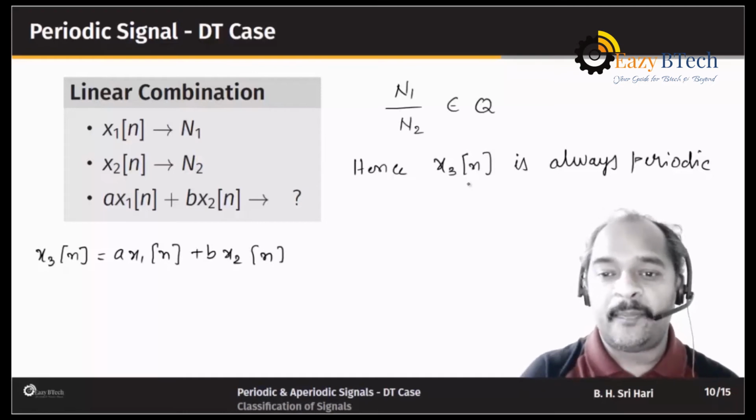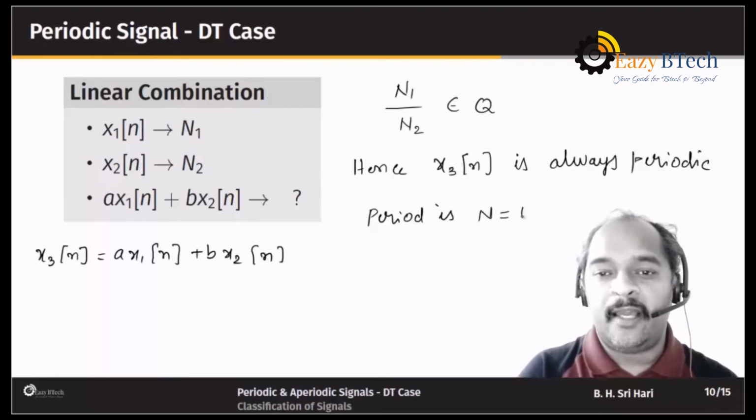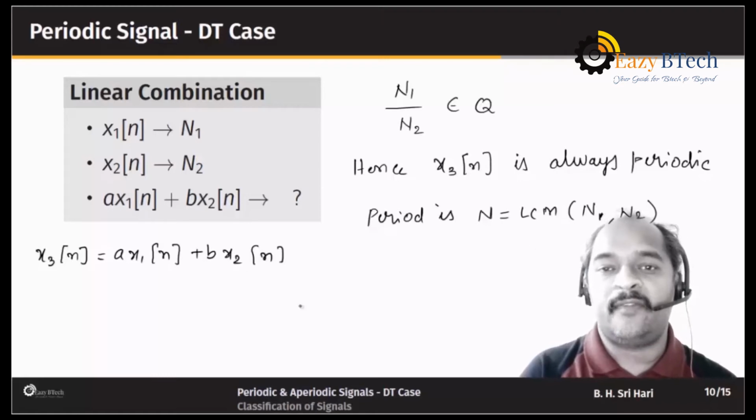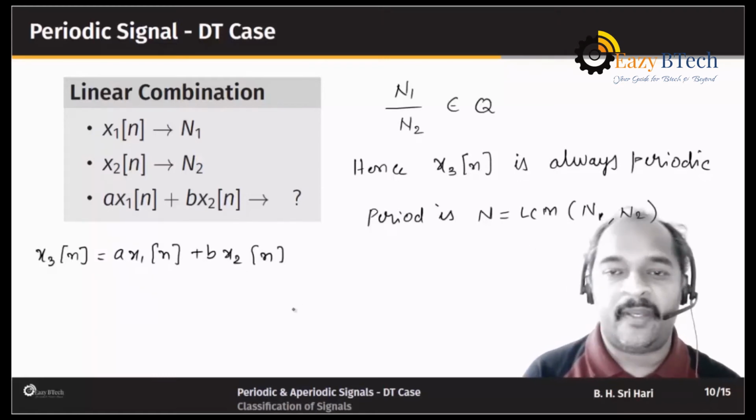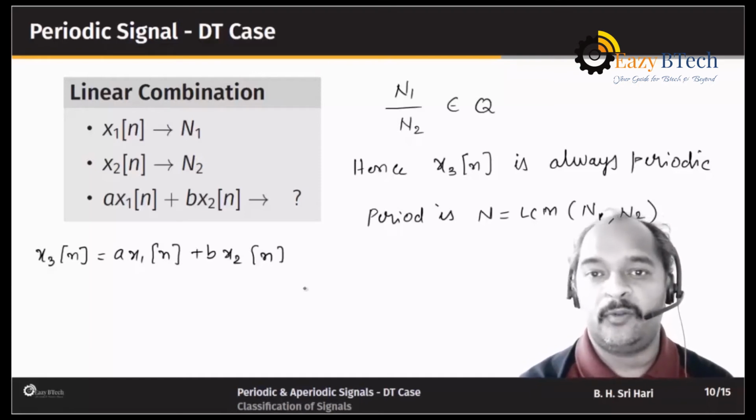And the period is given by N equal to the LCM of N1 and N2, same as we have seen for the continuous time case. So the period turns out to be the least common multiple of N1 and N2.